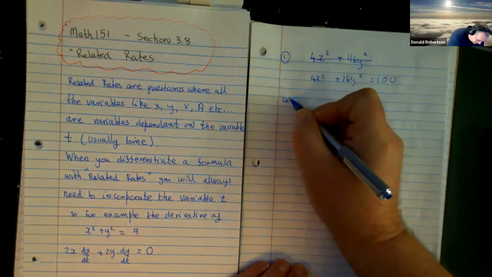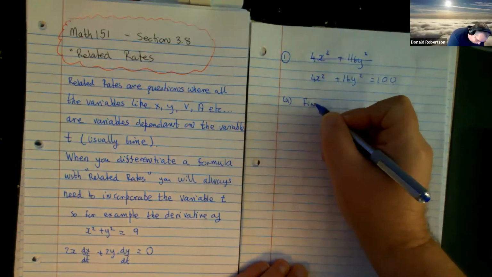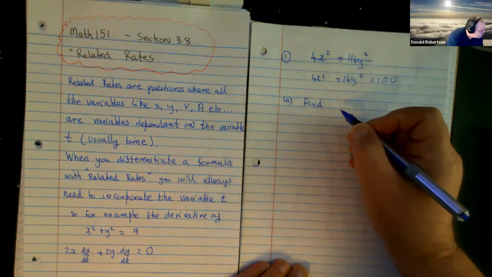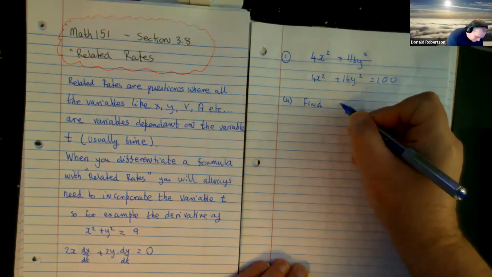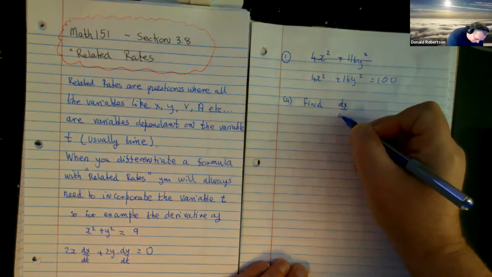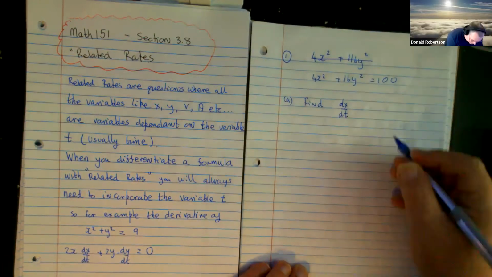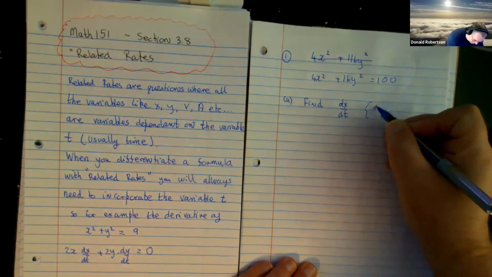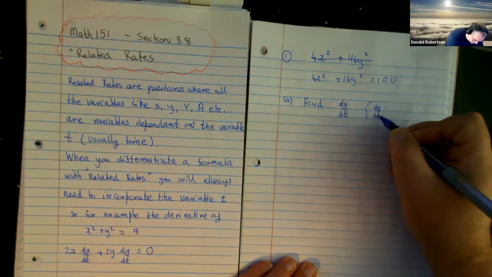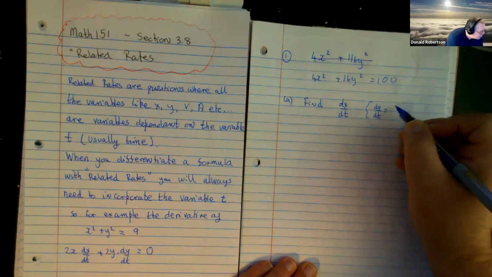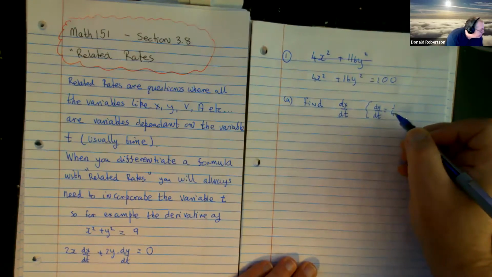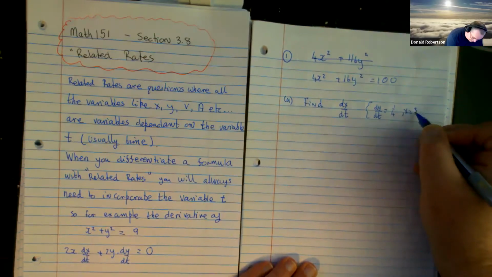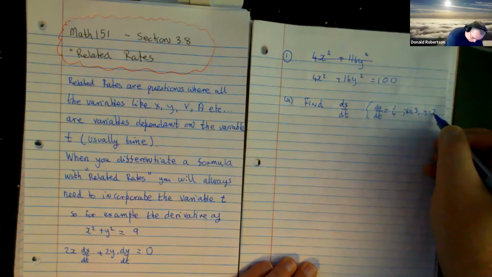And question A is asking us to find dx by dt. And they tell you some other things. They tell us that dy by dt is a quarter, and that x is 3, and that y is 2.